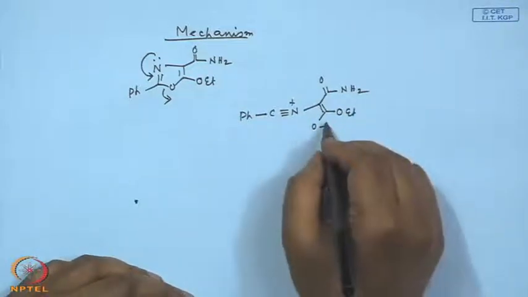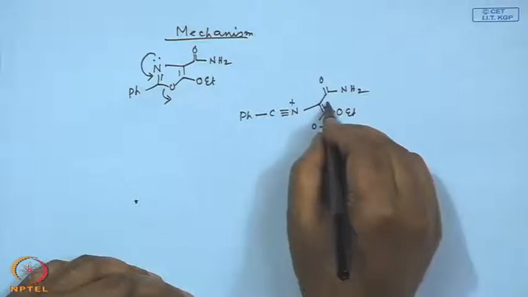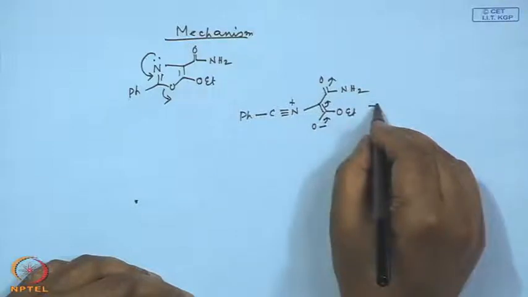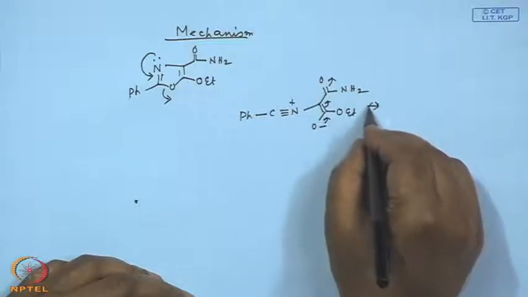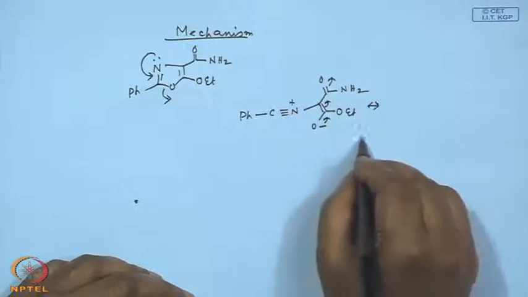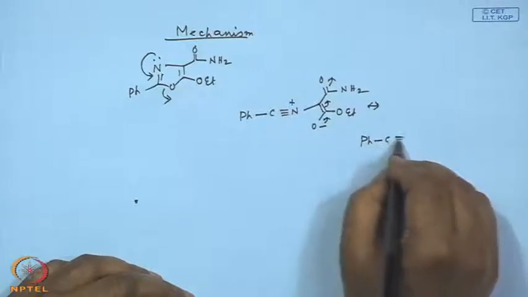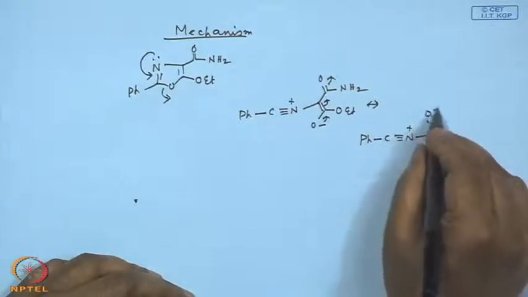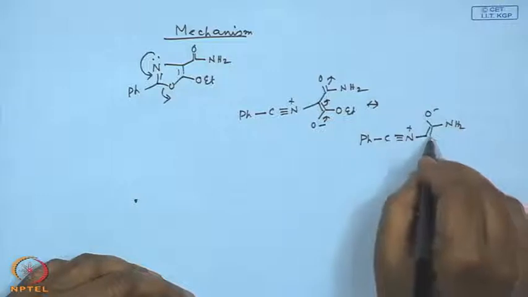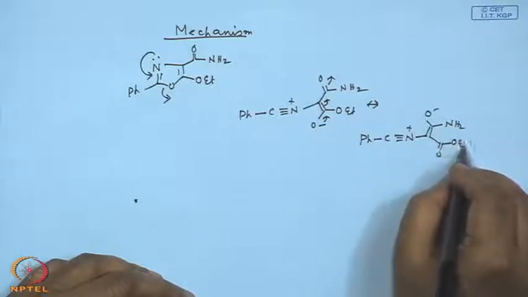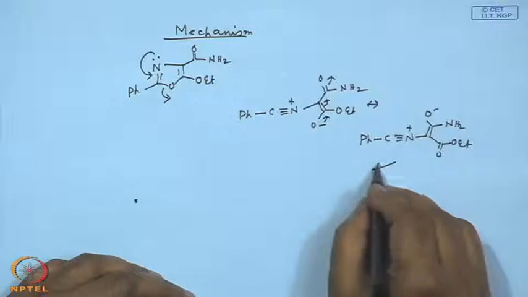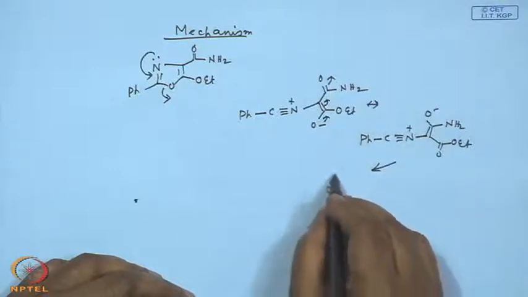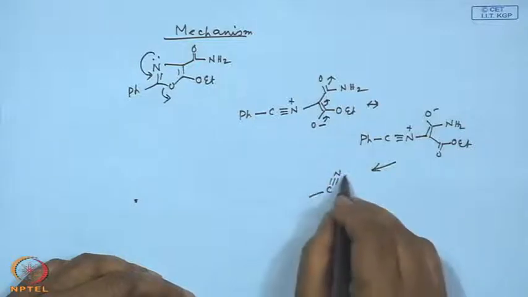And then of course, when you have this, you can also think about PhC triple bond, this one, right, oxygen minus, this OH, right. So, you can reorient the way we write. I think it would be better if you write this way.